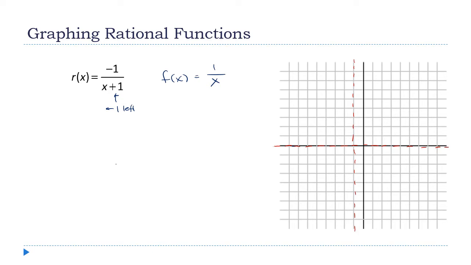And if you think about it, we're always kind of double checking in our head if we can. That does make sense because my r of x is undefined where x plus 1 equals 0, and that is x equals -1. And that is where I just drew my asymptote. So that fits, right? It's making sense. And the rest of the graph is going to have the same shape.